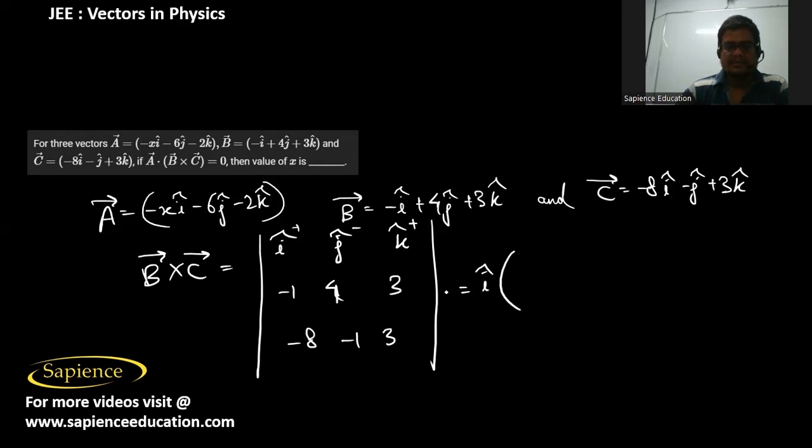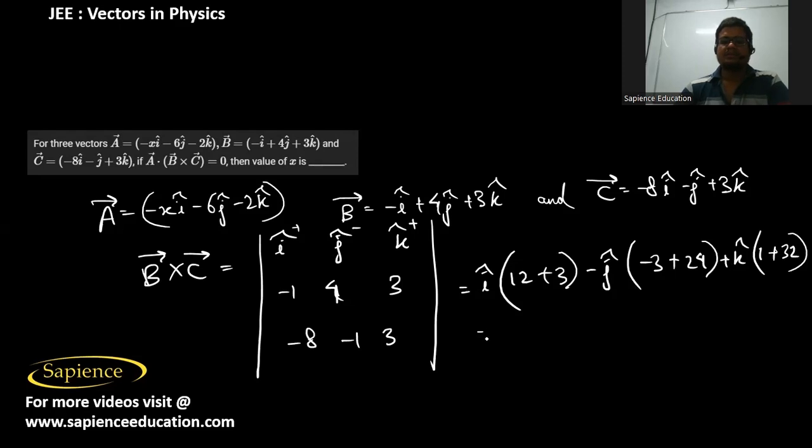So i cap into 4 times 3 is 12, 12 minus of minus 3, that is plus 3, minus j cap into minus 3 plus 24, plus k cap into 1 plus 32. So this will be 15 i cap minus 21 j cap plus 33 k cap.